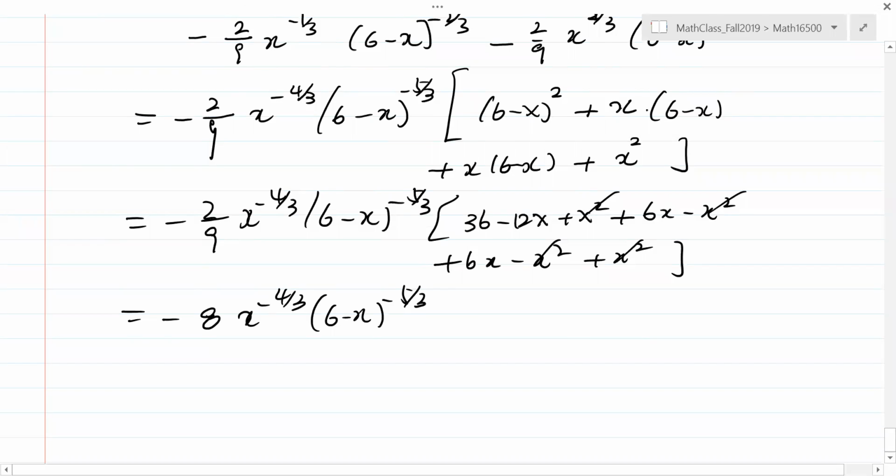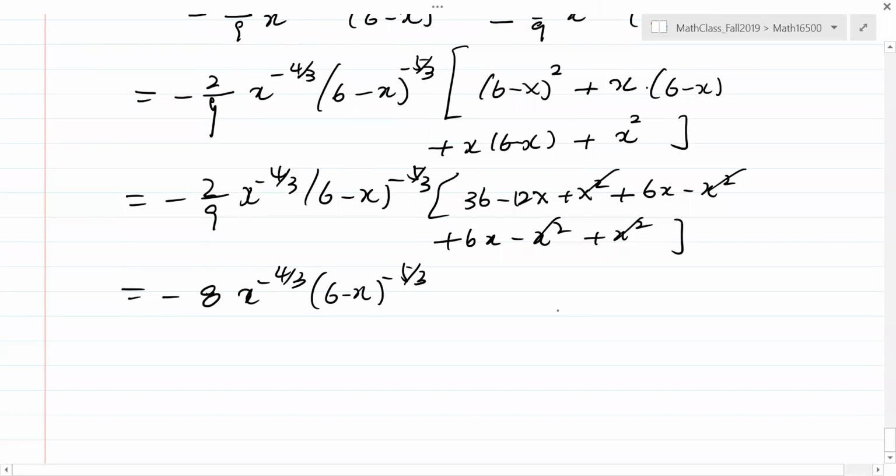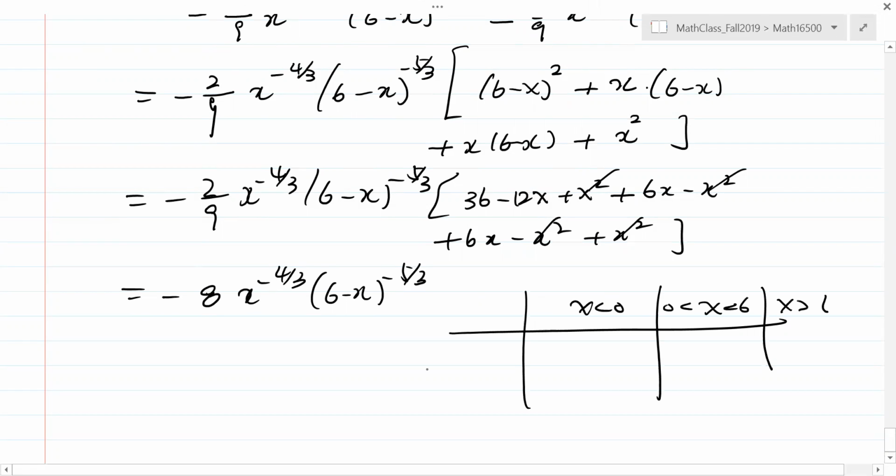Now we have to check the sign of this on each interval. So what is our interval? This is the chart: x less than 0, x greater than 0 and less than 6, and x greater than 6, right? The second derivative is going to be negative 8, x to the negative 4/3, and 6 minus x to the negative 5/2. So when x is negative, this term is always negative.